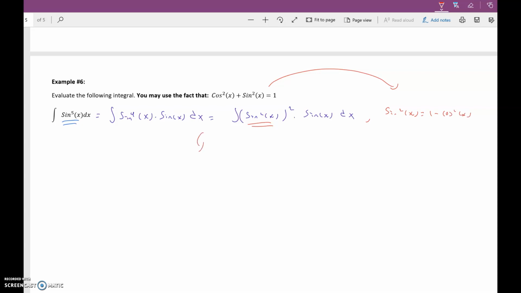So our integral is going to look like this. And remember, you still have a 2 to the second on the outside. So this is 1 minus cosine squared of x, squared, times sine of x dx.